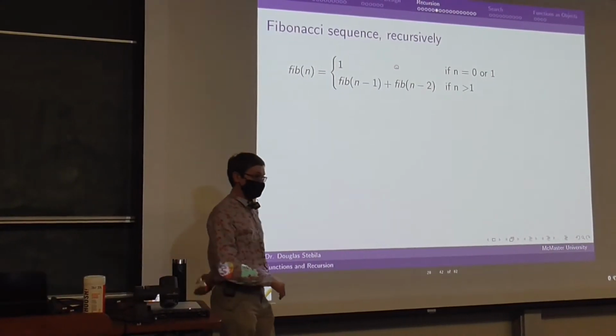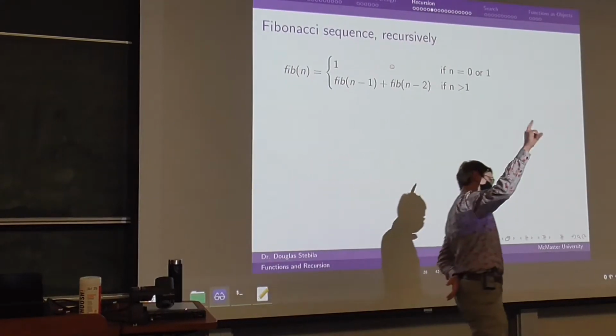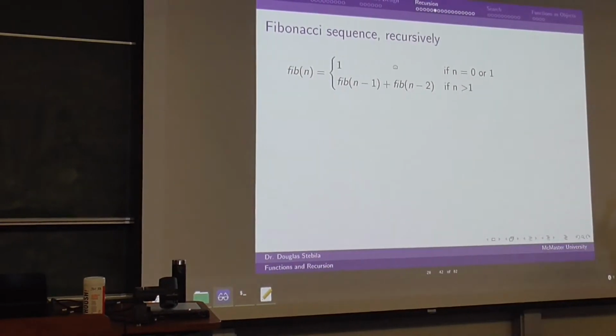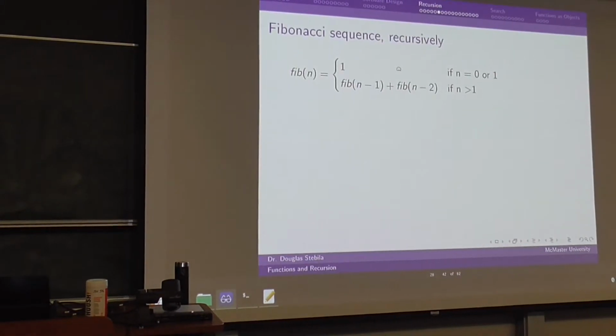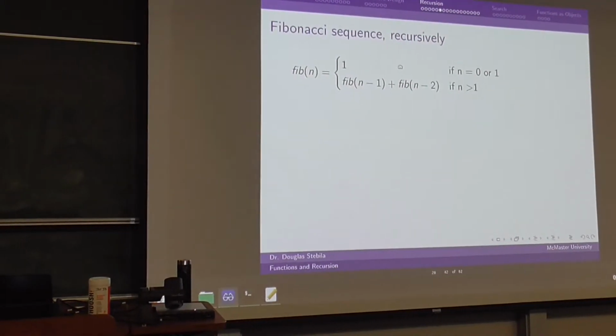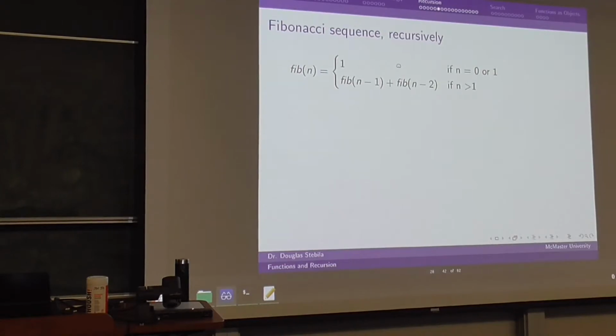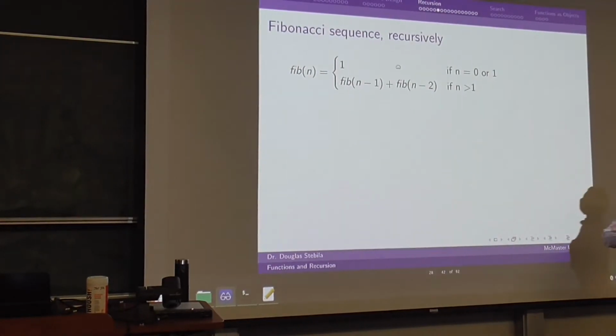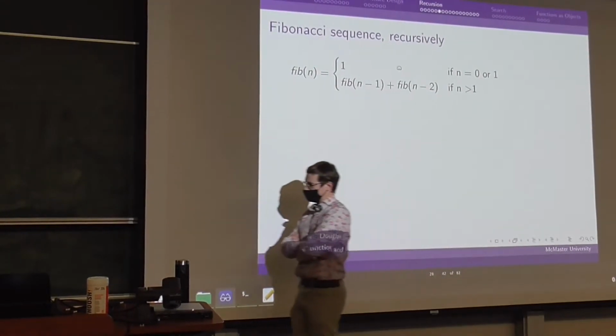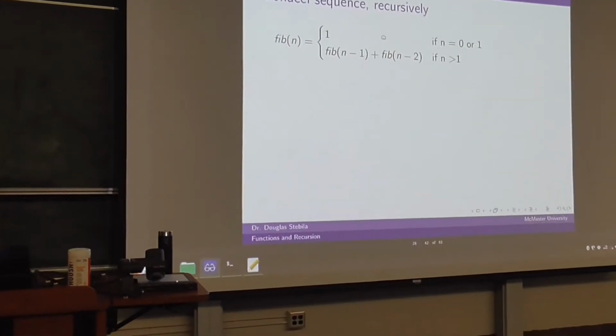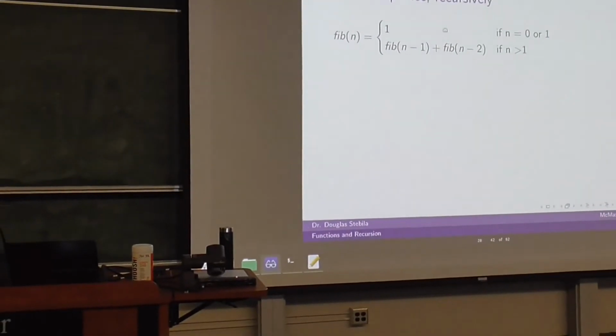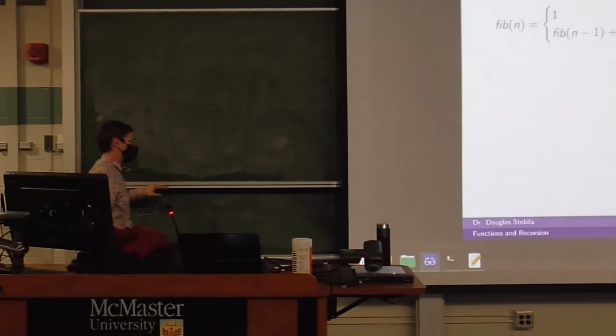This is the Fibonacci sequence. How many people have heard of the Fibonacci sequence? How many people have only heard of the Fibonacci sequence because of Dan Brown? There we go. All right. So, the Fibonacci sequence is a very famous sequence of numbers.